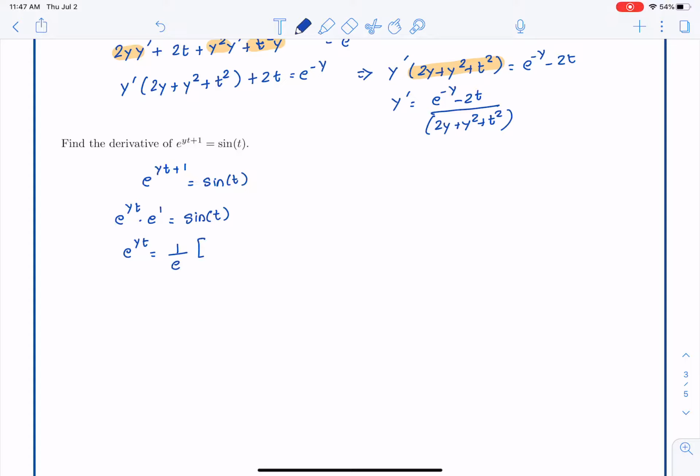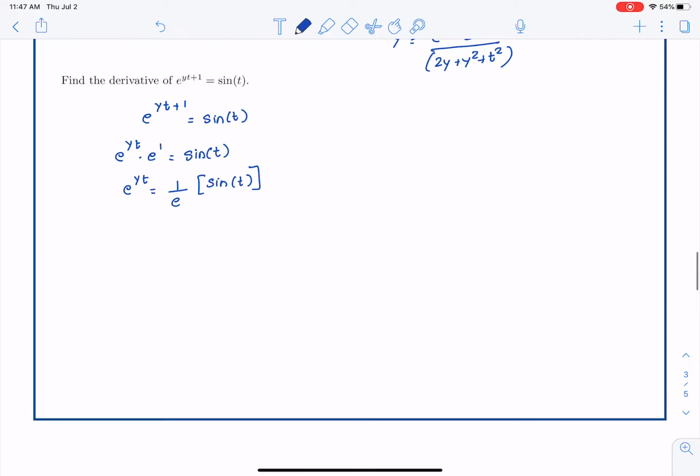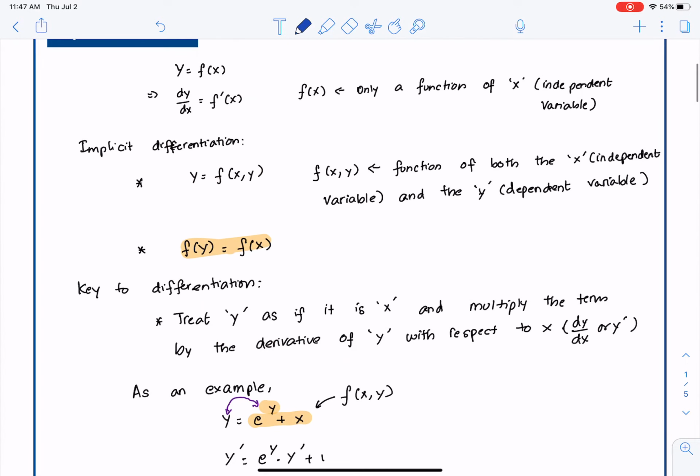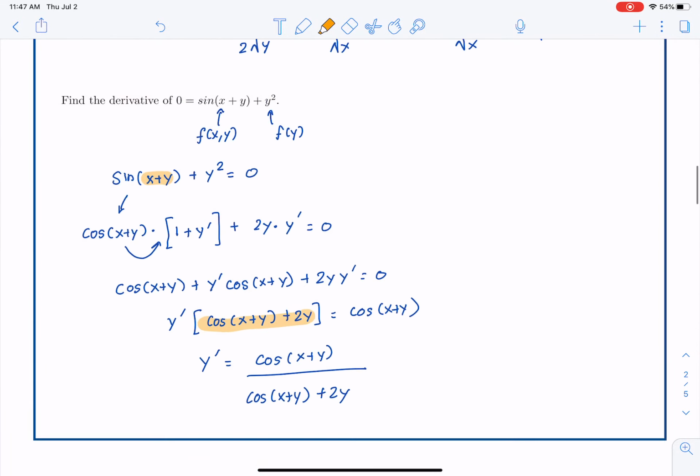So 1 over e sine t. Now we have to find the derivative. So that right there is a function of both t and y. So that is of type 1 right there.